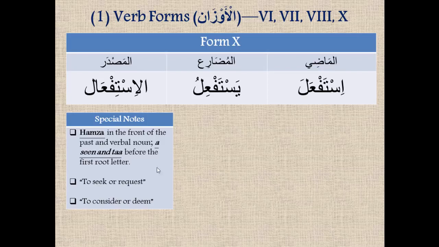So the prayer al-istikhara, salat al-istikhara, is a prayer that we perform when we are seeking khair from Allah, when we're seeking divine guidance before we make big decisions in our life. Another possible meaning of form 10 is to consider or to deem. To consider someone to have the qualities of the form 1 verb.